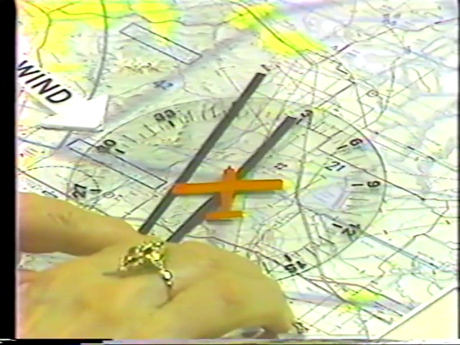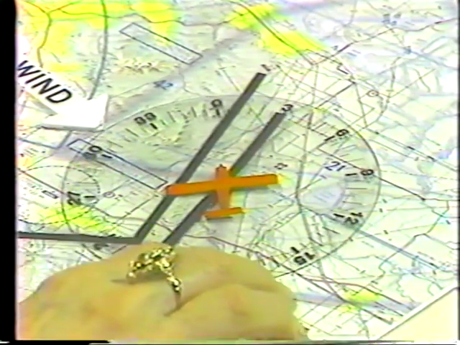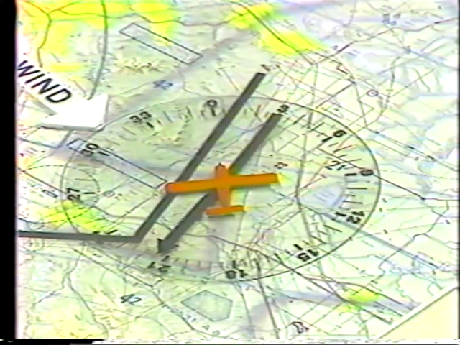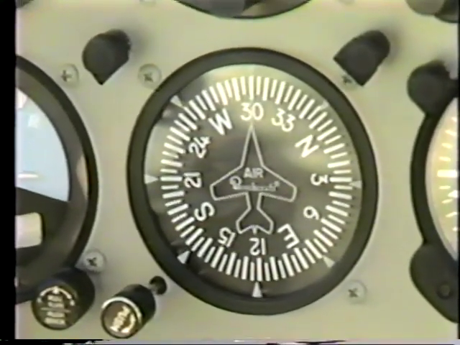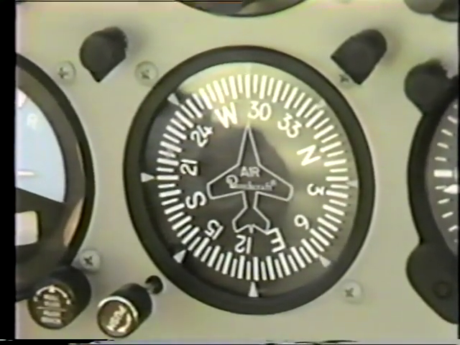A 45-degree outbound intercept angle is recommended for efficient outbound interception, another rule of thumb. We will use a 45-degree intercept for this exercise. Our heading of 326 degrees minus the 45-degree intercept gives us an intercept heading of 281 degrees. We now turn left from our present heading of 326 degrees to the intercept heading of 281 degrees.